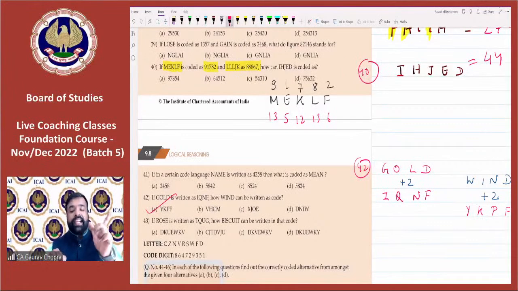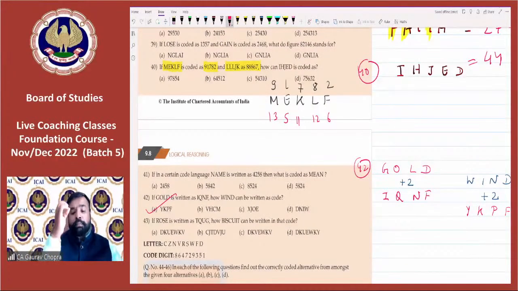Now, if you connect them, M is 13, but they have written 9, minus 4. E is 5, they have written 1, minus 4. K is 12, sorry, K is 11. You have to write here 11. K is 11 minus 4, 7. L is 12 minus 4, 8. F is 6 minus 4, that is 2.